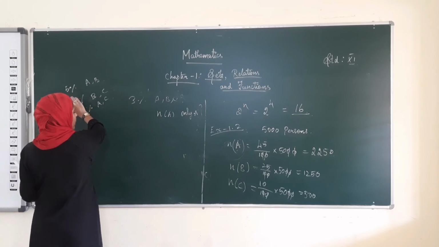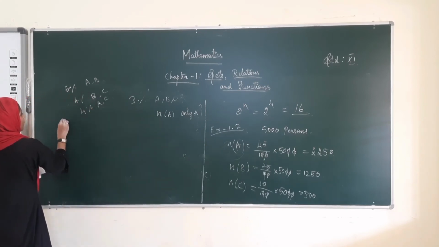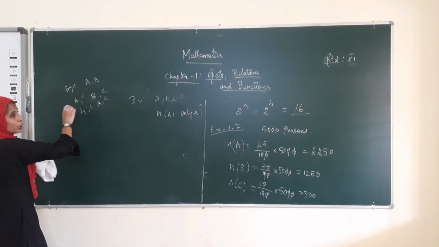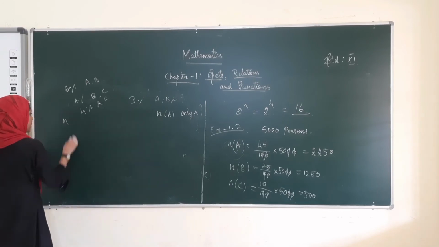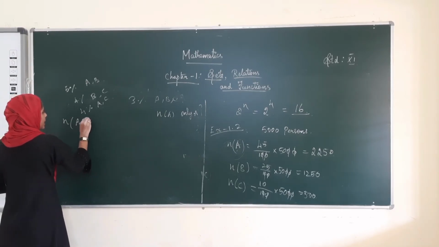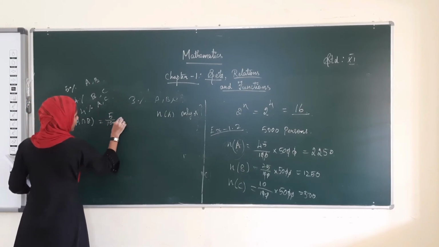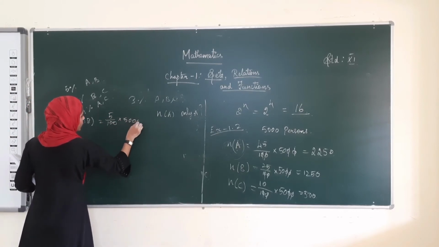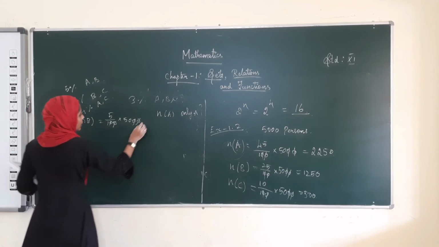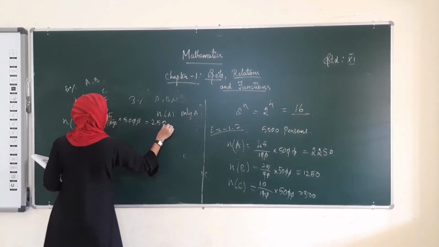See here we have some other things. n of the persons who know both A and B languages, that is A intersection B, 5%, that is 5 divided by 100 into 5000, means 250.